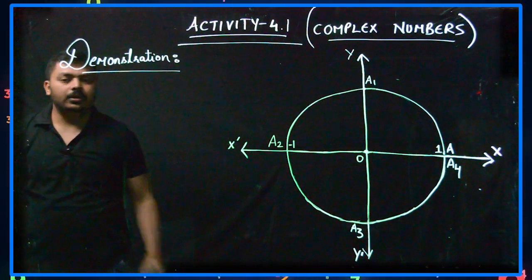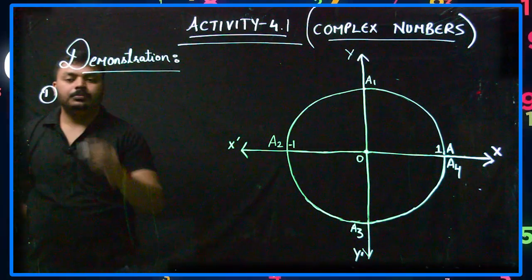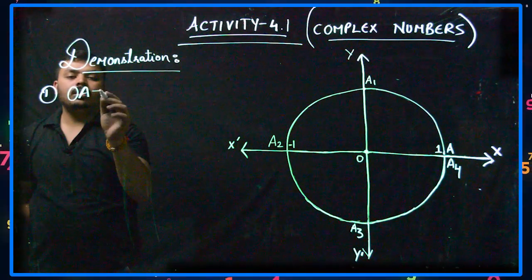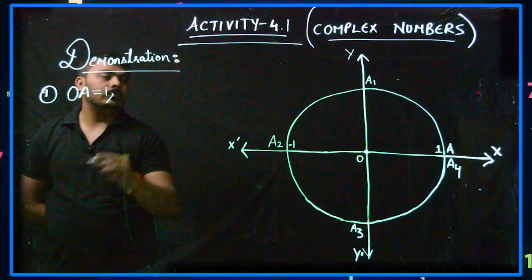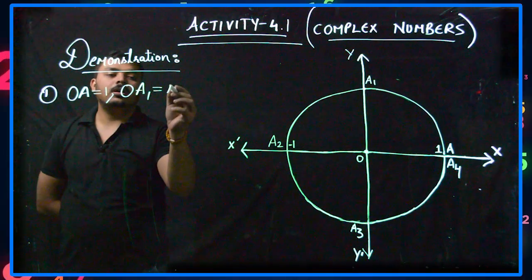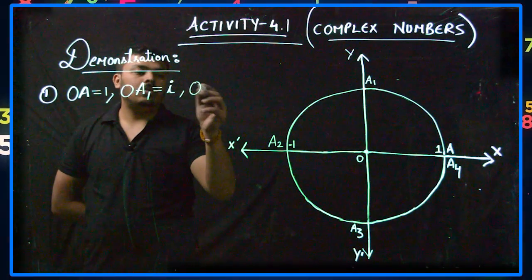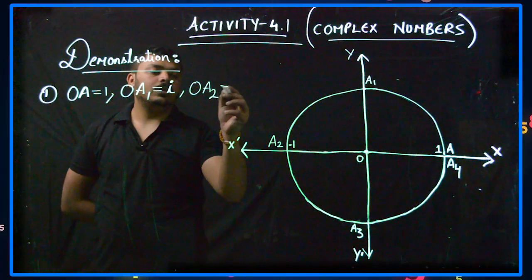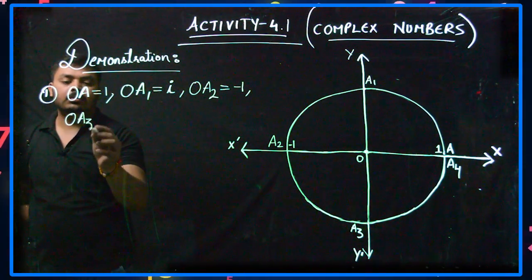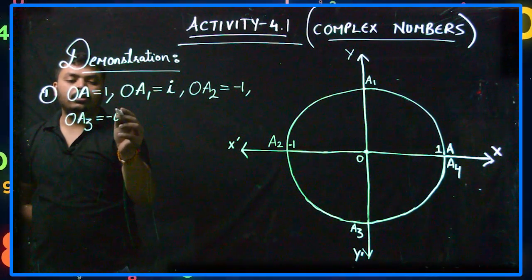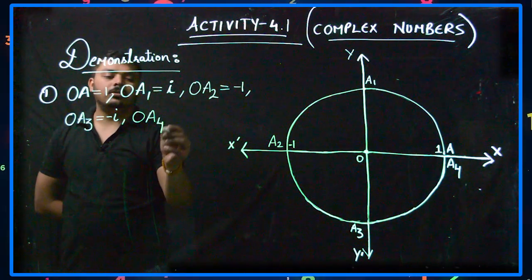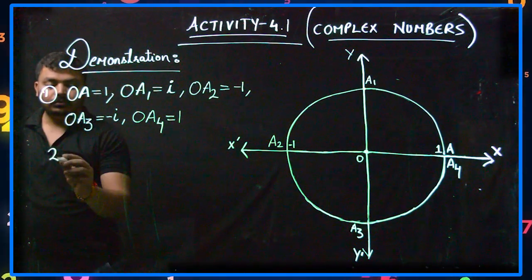So in the given figure, we have OA equals 1, OA1 equals iota, OA2 equals -1, OA3 equals minus iota, and OA4 equals 1.